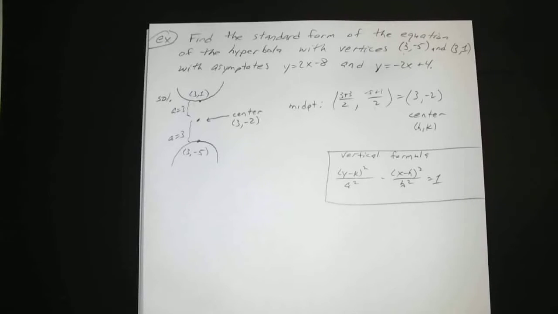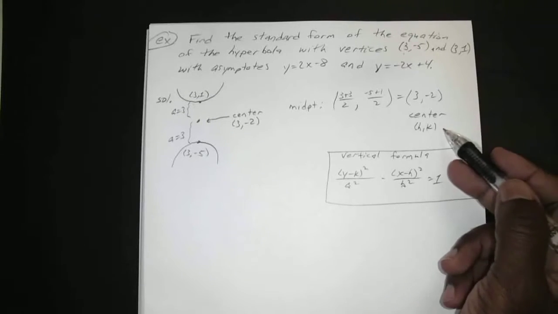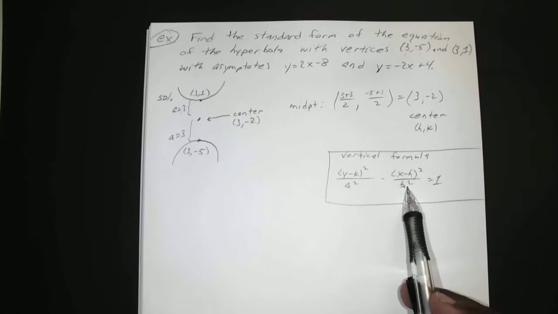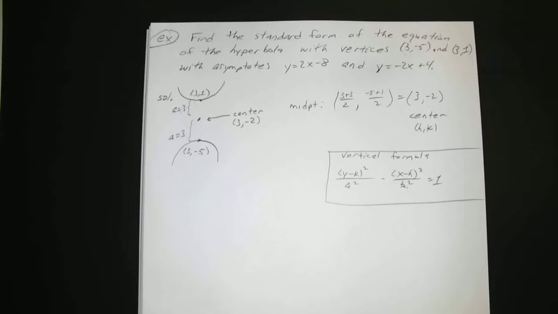Okay. So we know we're going to have to find our h and our k, which we already did. We're going to have to find our a, which we already did. And we're going to have to find our b.